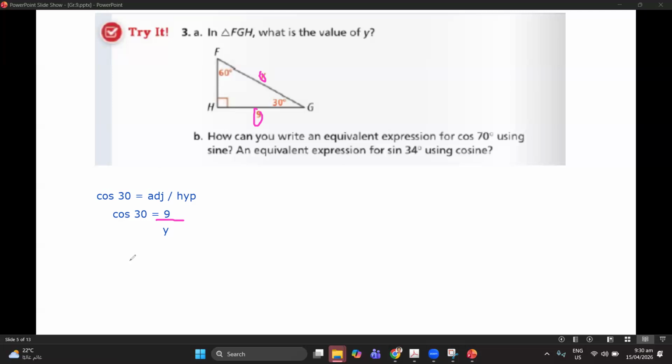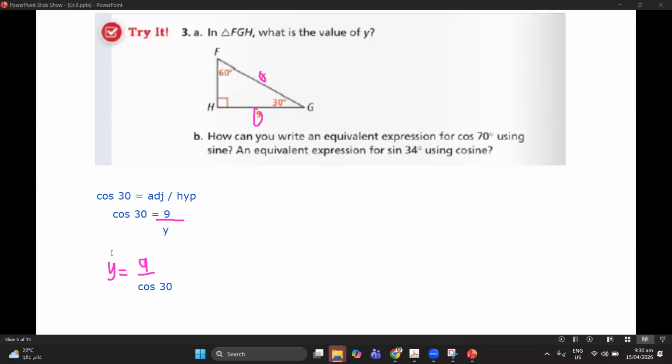So y equals 9 over cosine 30. So the measure of y will be 9 divided by cosine of 30.